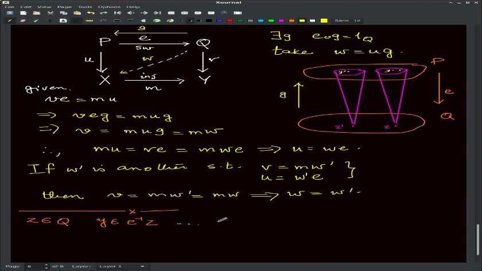Right? Choosing an element in the pre-image essentially means selecting a right inverse.